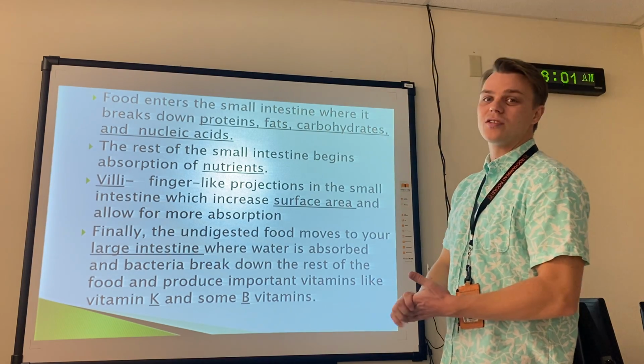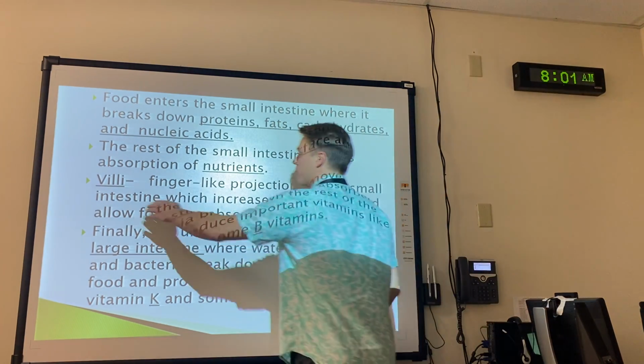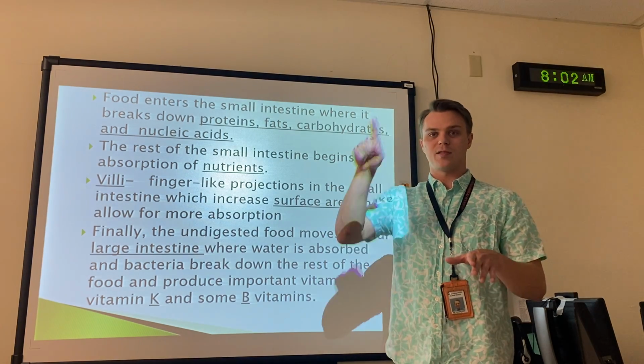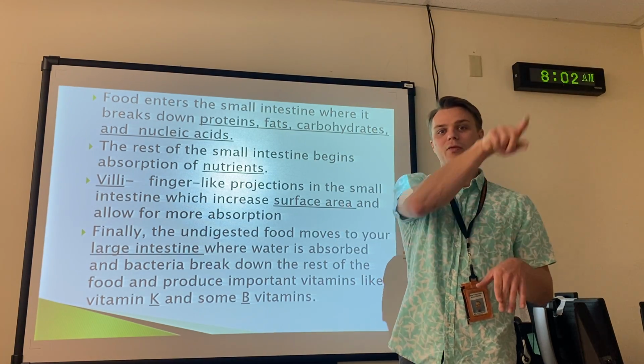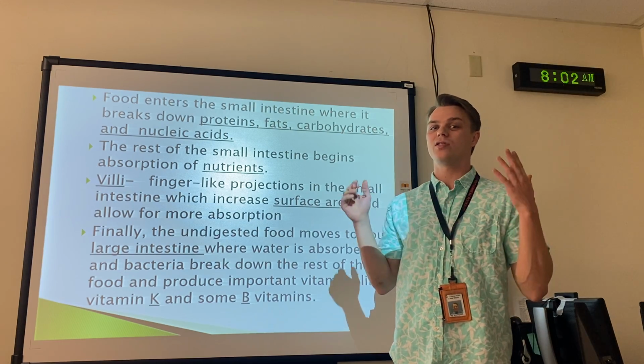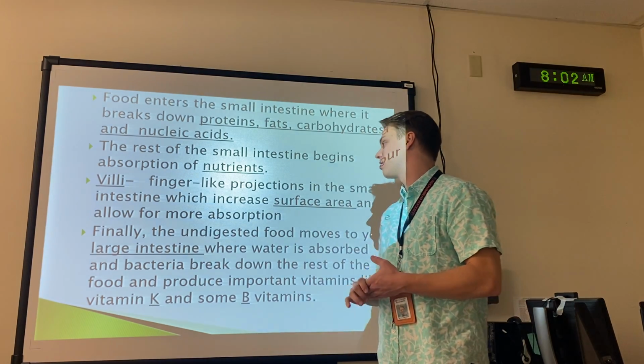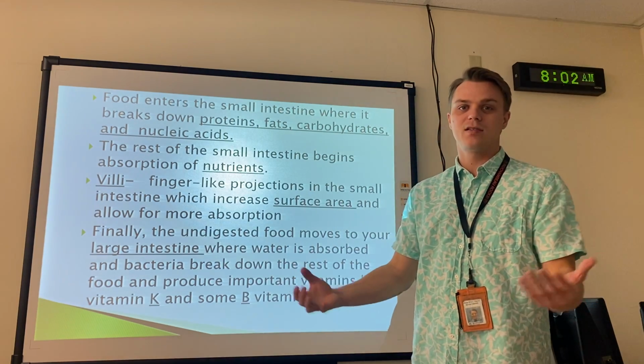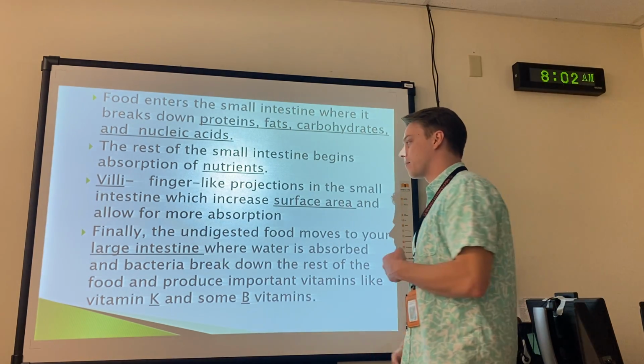In your small intestine, you have these things called villi. You could think of them as little bumps. They are there because they increase the surface area of our small intestine, which just means there's more space for absorption to occur.